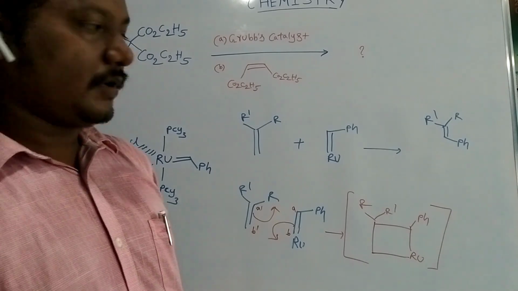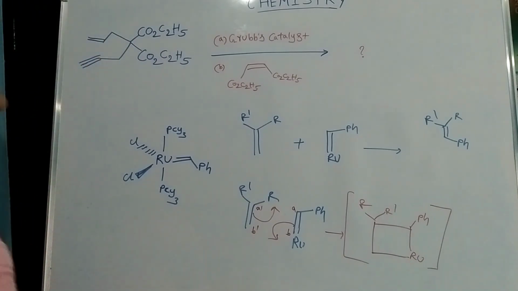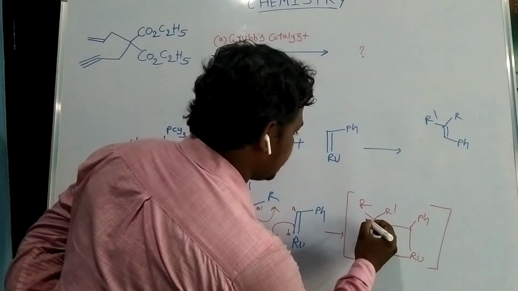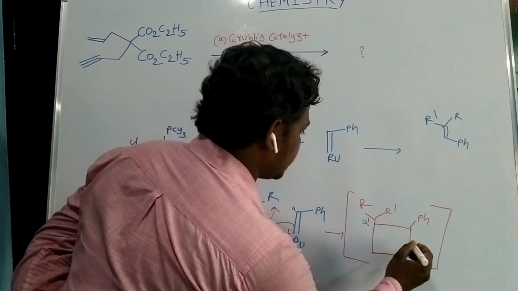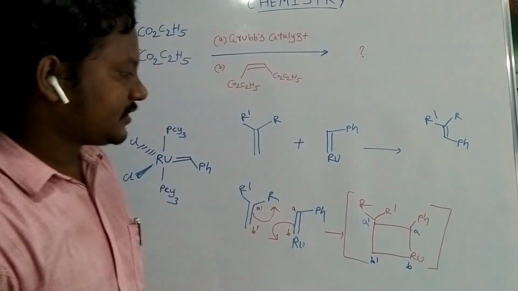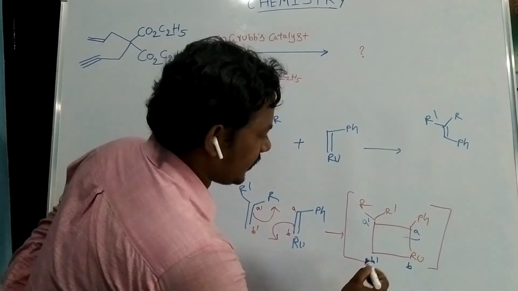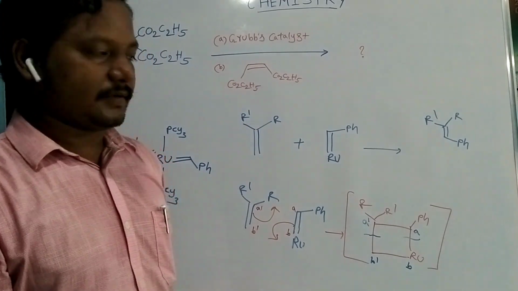Cyclobutane intermediate. Okay? You understand. Now again, what is going to happen? Bond breaking. Which bonds are breaking? Here A and B bond is breaking. Here A dash and B dash bond is breaking.